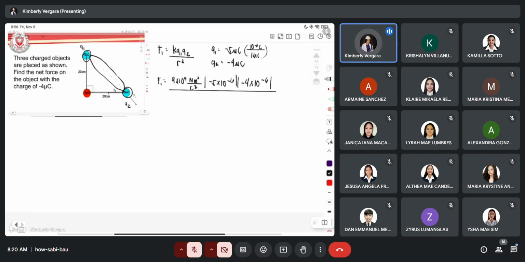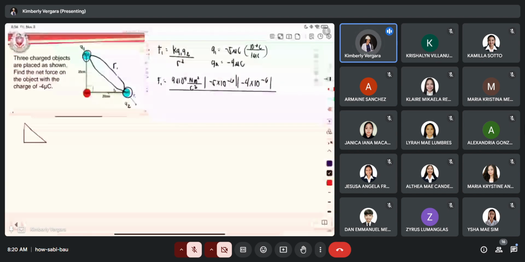So how will we get this R? Let's say this is R1. We can use the Pythagorean theorem. Hindi naman ito sobrang haba, sakto lang.